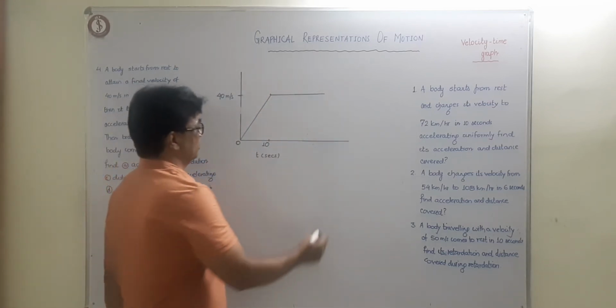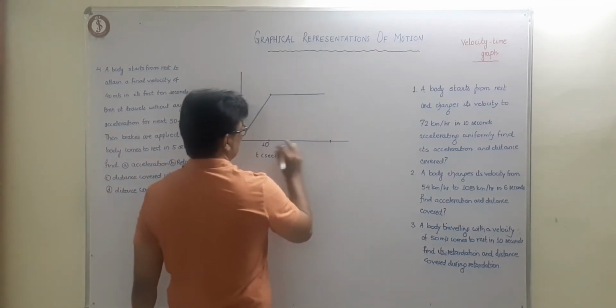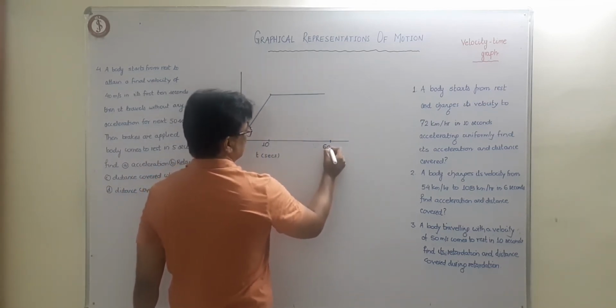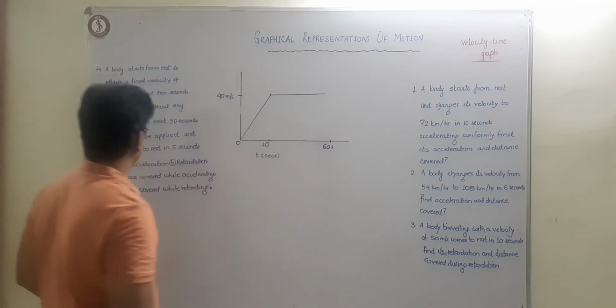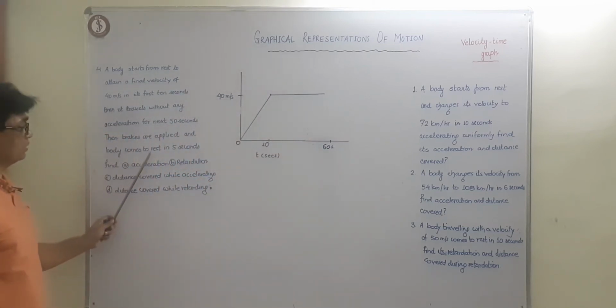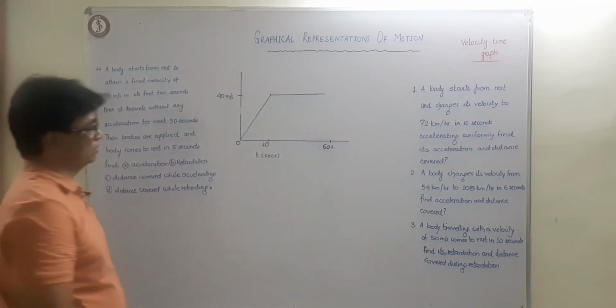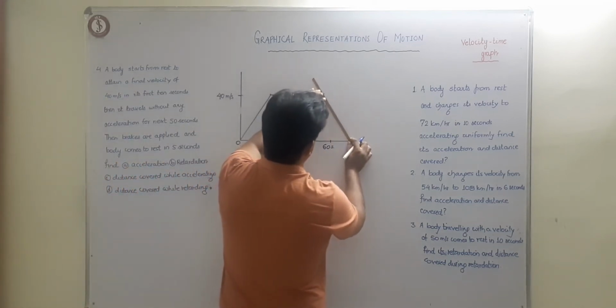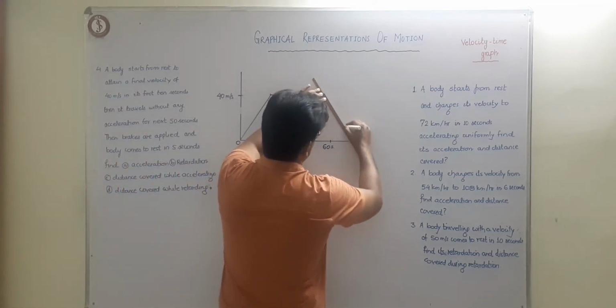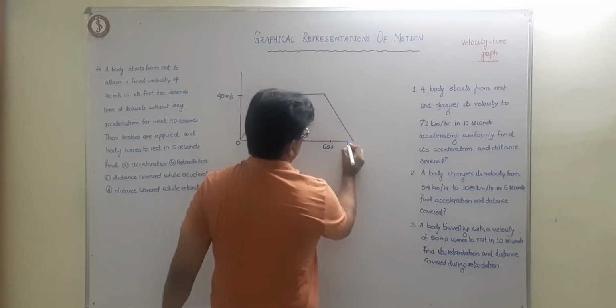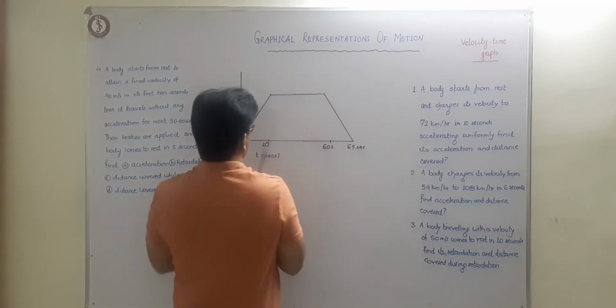You can tell, okay, till here it is 50, so 10 plus 50, this is 60 seconds. And then brakes are applied and the body comes to rest in 5 seconds, right? So this is 65 seconds. Now we can easily find out whatever is asked.